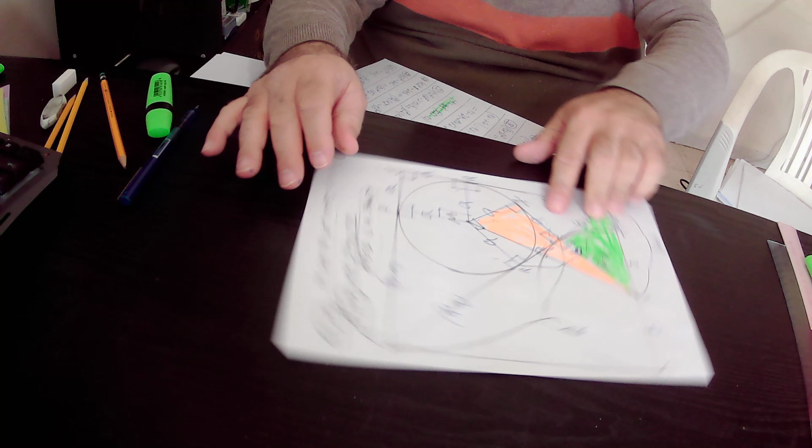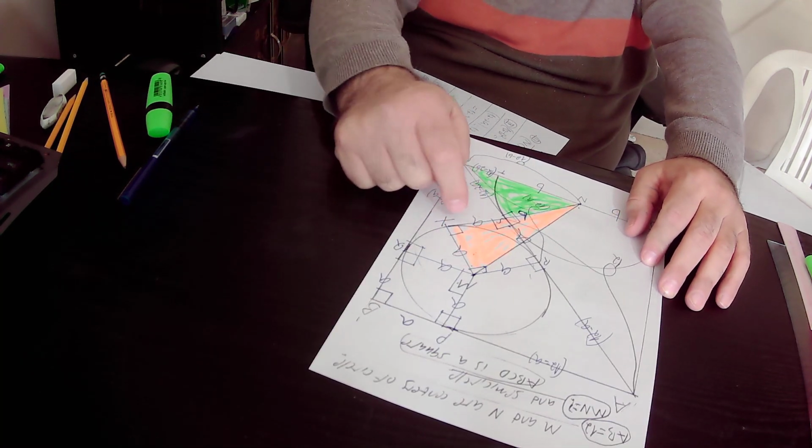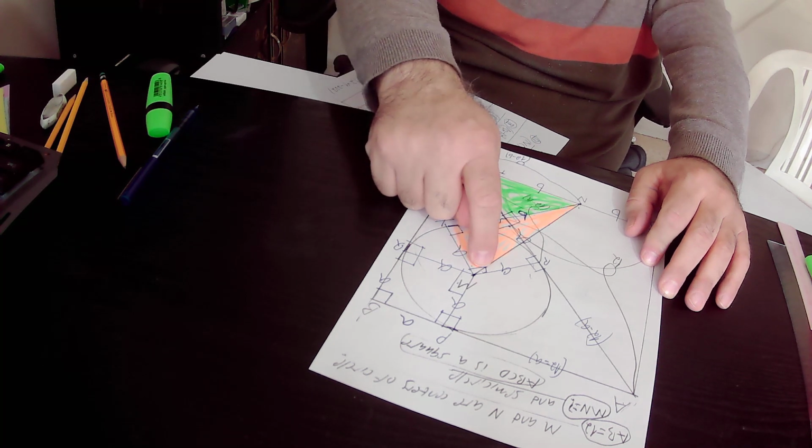Then we did the construction from the center point M. We draw a perpendicular on RM, so this angle equals 90 degrees.